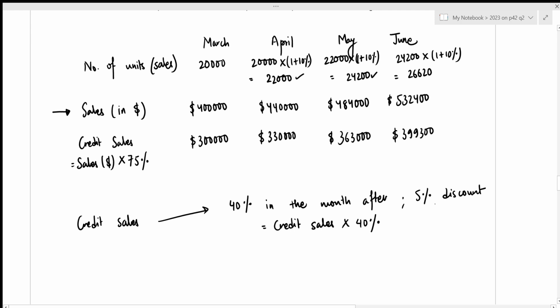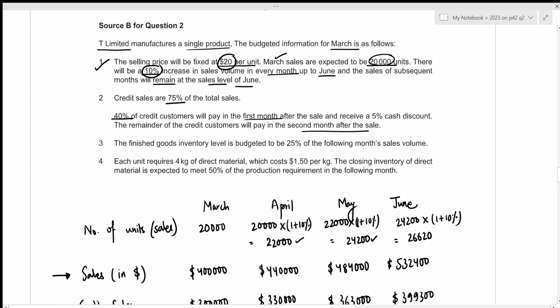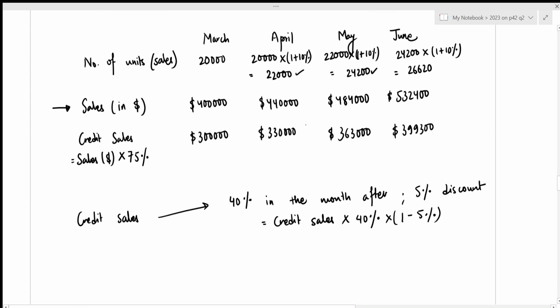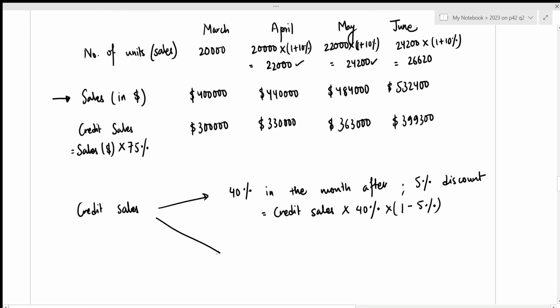And since we're also allowing a 5% discount, we need to deduct 5%. And then we were told that the remainder of the credit customers will pay in the second month after the sale. So the remaining 60% will be in the second month after sale. And the value for this is just going to be our credit sales multiplied by 60%.